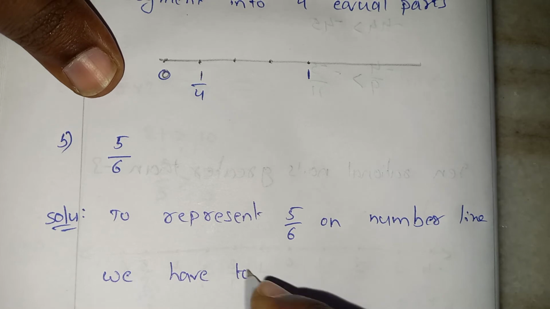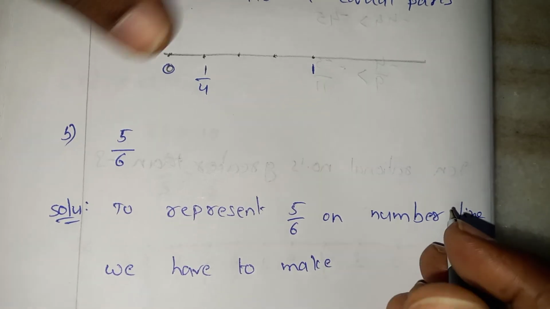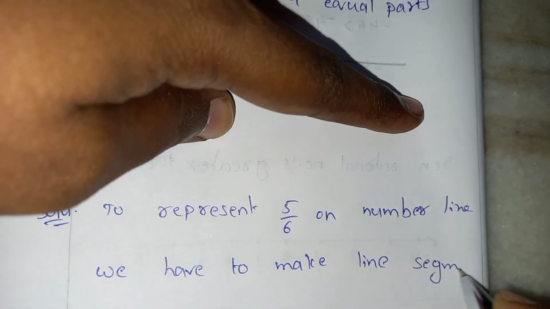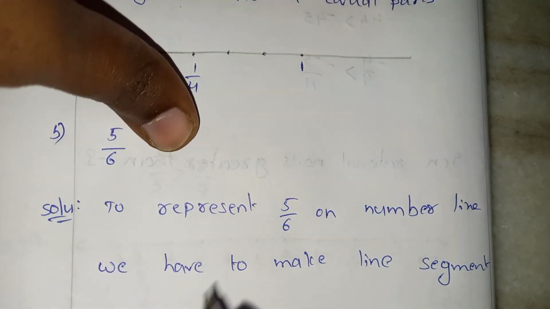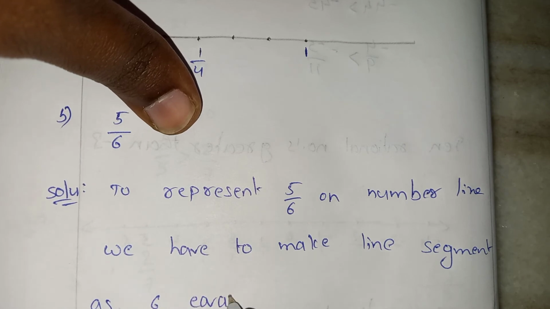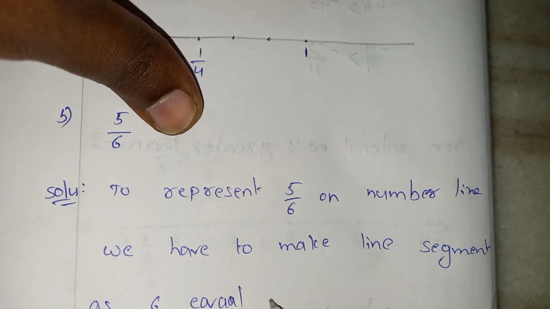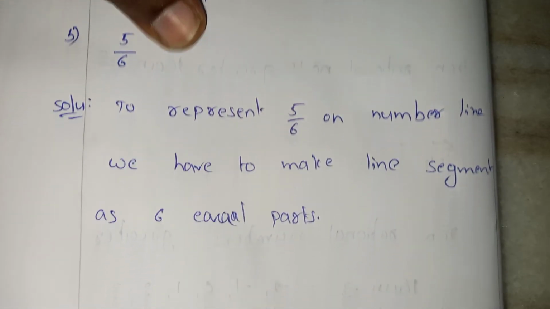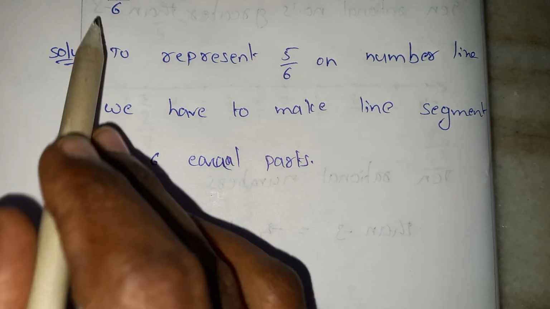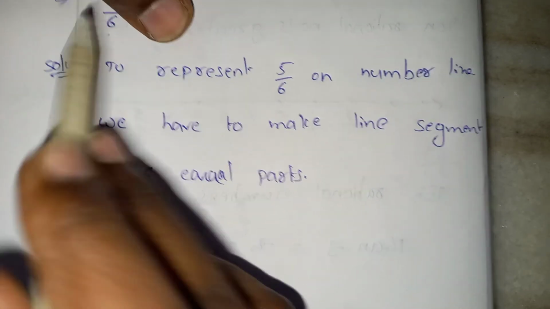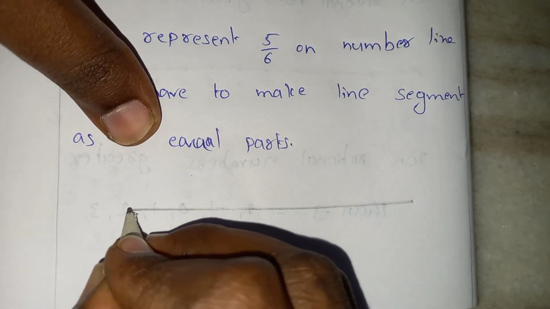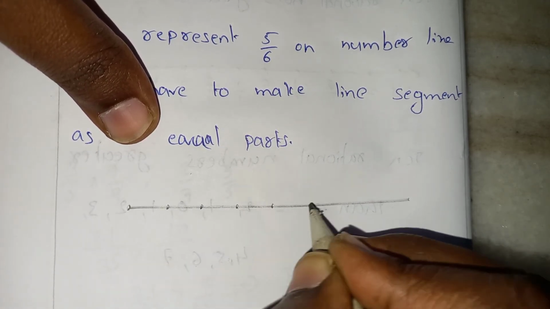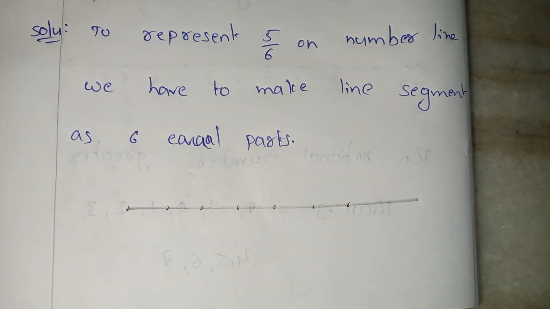We have to make the line segment into 6 equal parts. Why 6 equal parts? Because the denominator is 6, that is the reason we make 6 equal parts. 1 2 3 4 5 6.